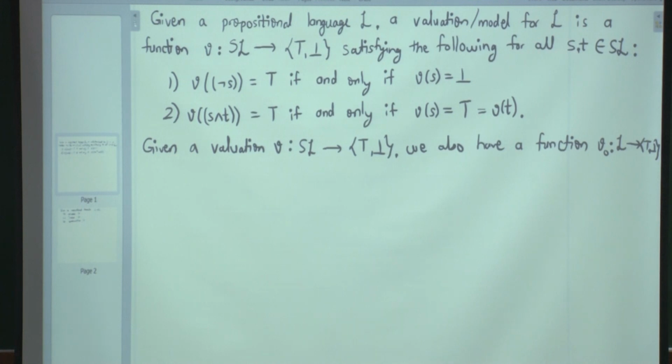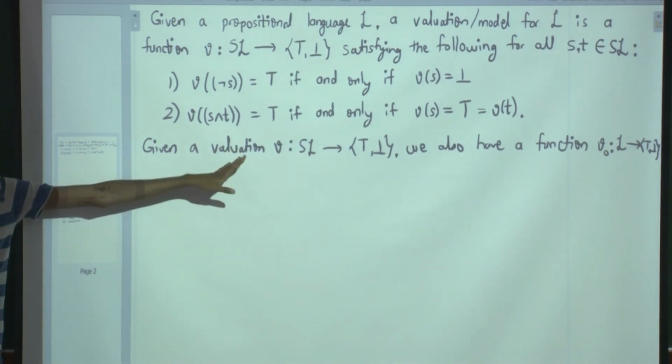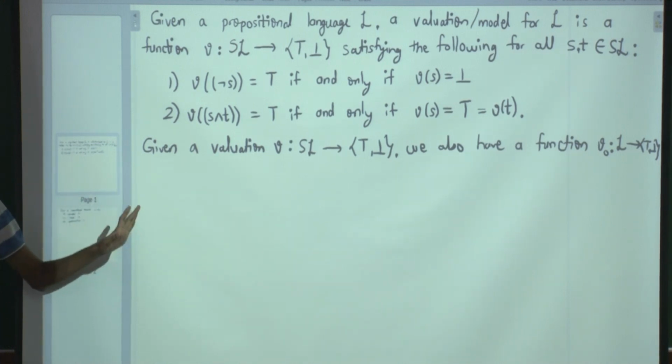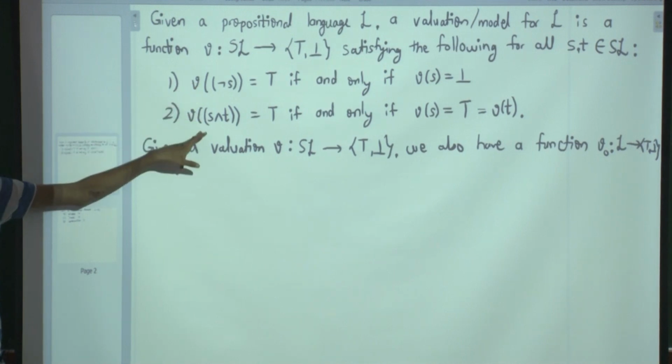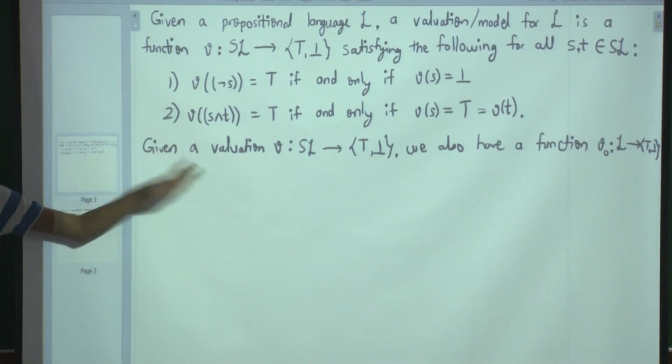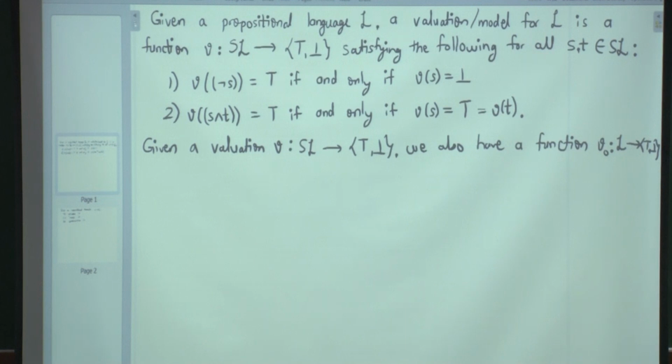Okay. So, the first one is a valuation. The second one is merely any function. I mean, a valuation is a function which satisfies some properties. But when we are restricting a valuation only to the language, we don't need to satisfy any properties. It's plain and simple.